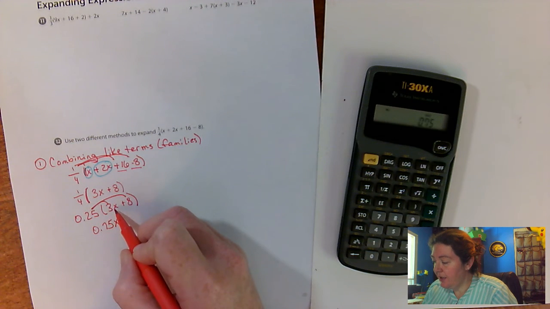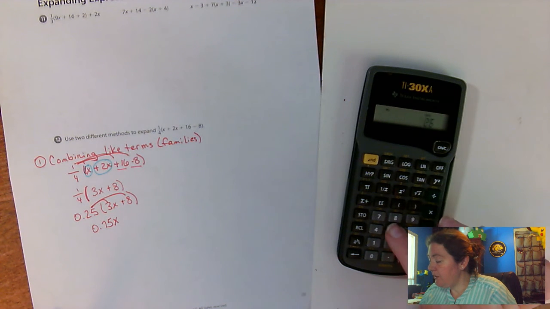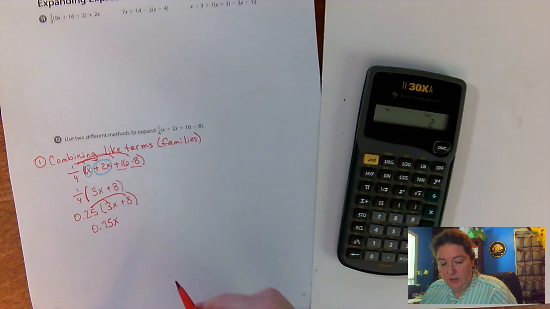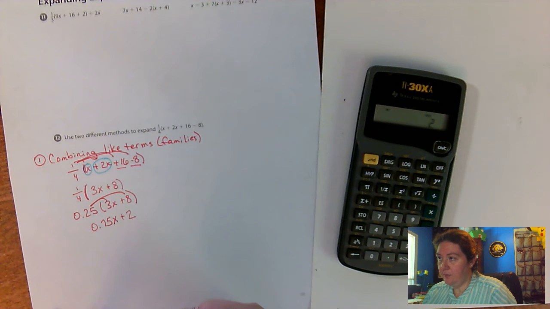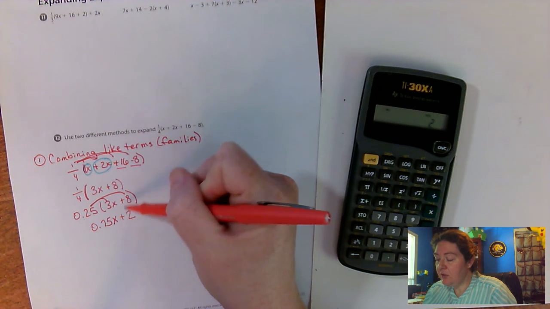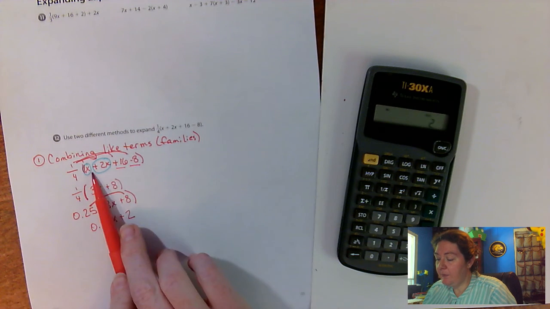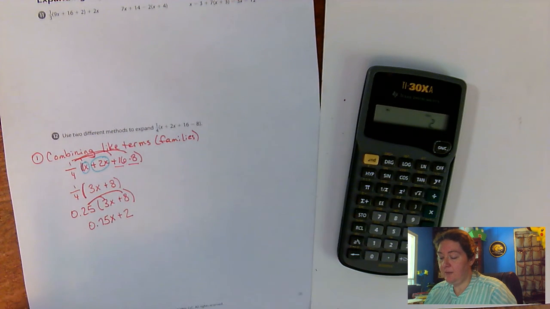Can't forget his last name. 0.25 times 8 gives me 2, and it is positive. So this is my first method, and that's where I'm combining my families first.